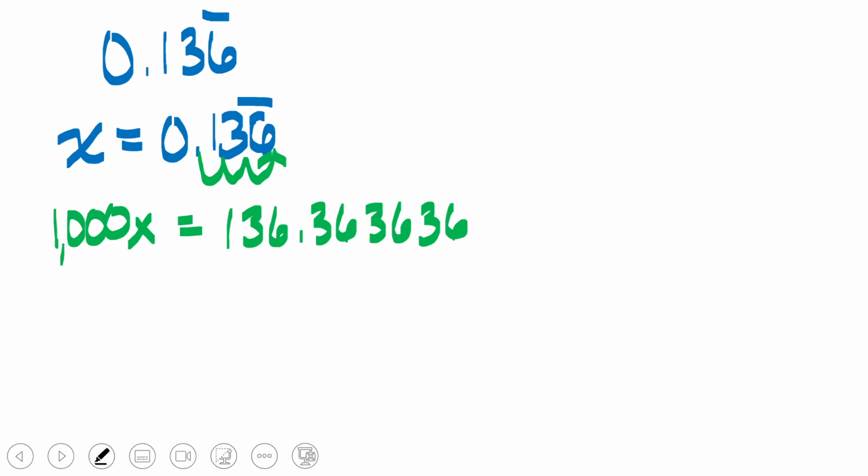And now what happens is this. You're going to work, let me change the color on that so you can see it. You're going to work with just multiplying both sides by 10 now to get a whole number, because you want to get rid of the repeating numbers in the pattern after the decimal.